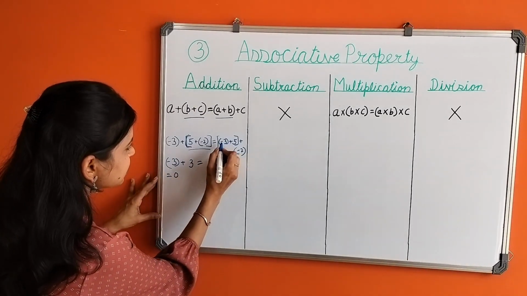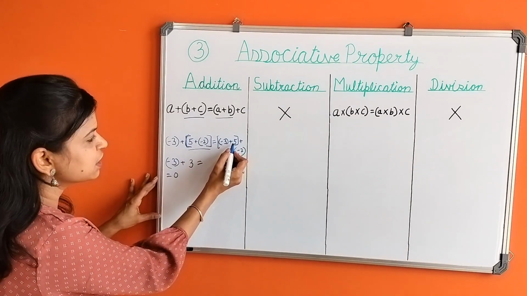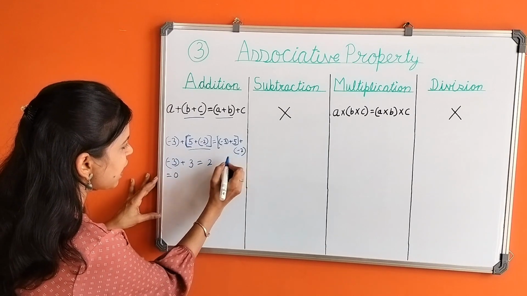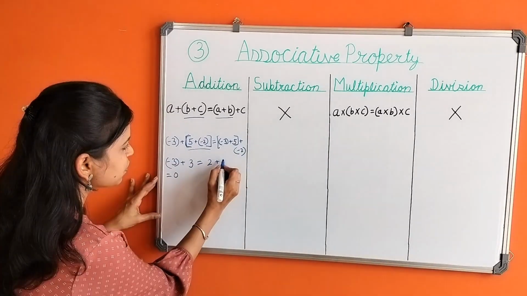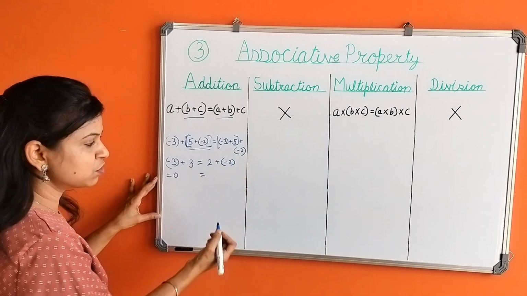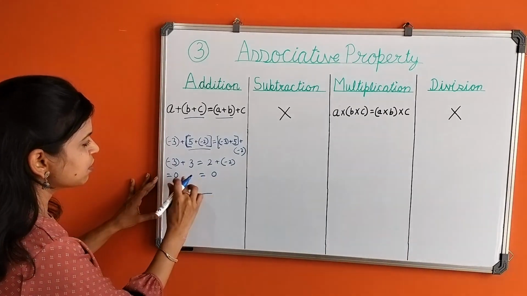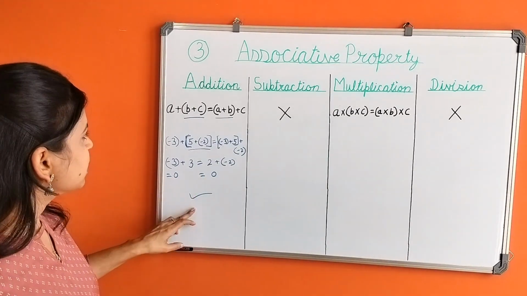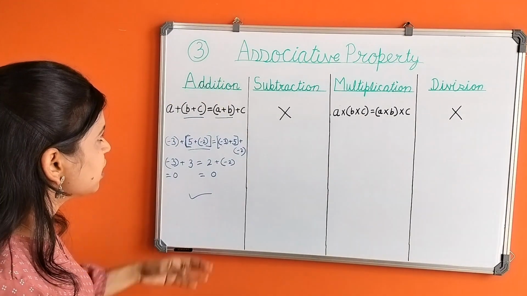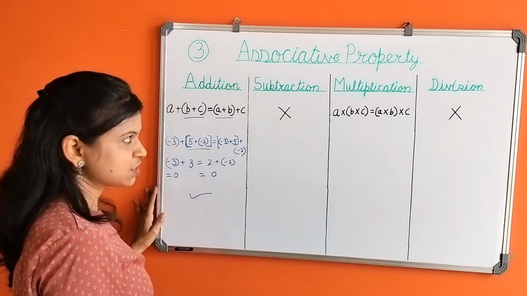Now -3 plus 5, both have different signs, so we will subtract. 5 minus 3 is 2, and this is -2. 2 minus 2 is 0. So both are equal. So addition is true for the associative property.